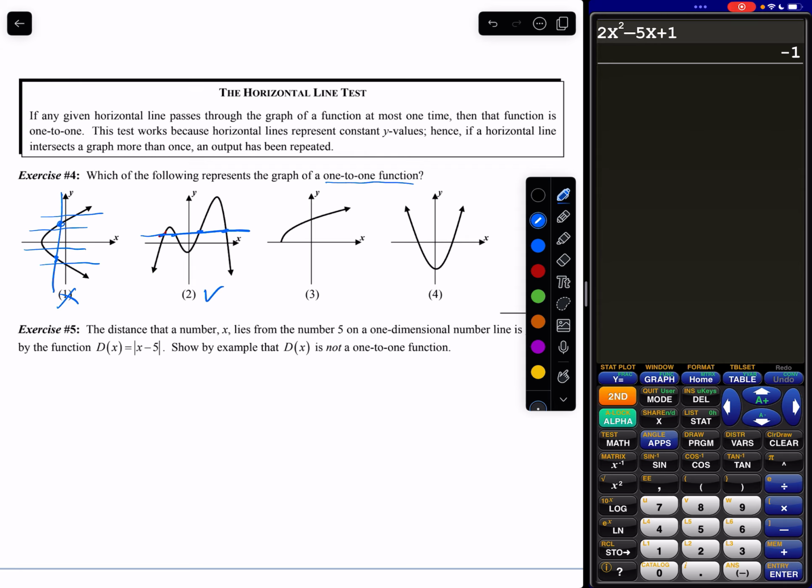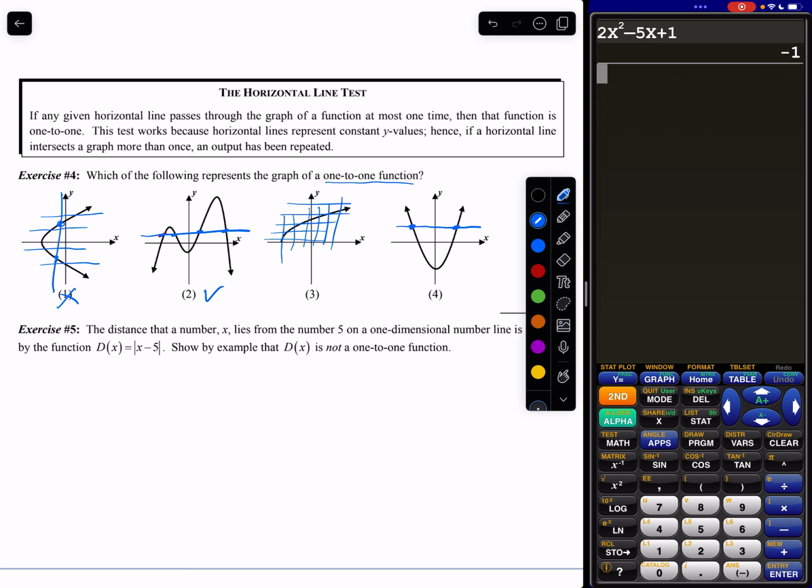Horizontal line test right here also fails, right? There's an output here, there's an output here. That's the same output. Even though the inputs are different, even though it is a function, it is not one-to-one. And very clearly here, this is a function because it passes the vertical line test, and also a one-to-one function because it passes the horizontal line test.